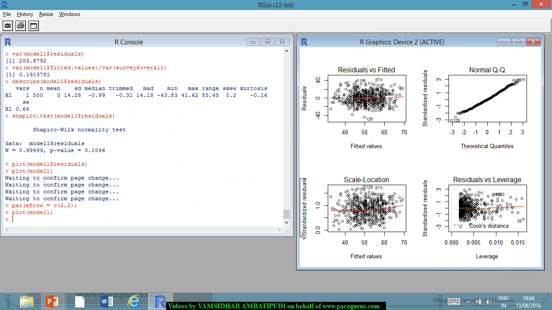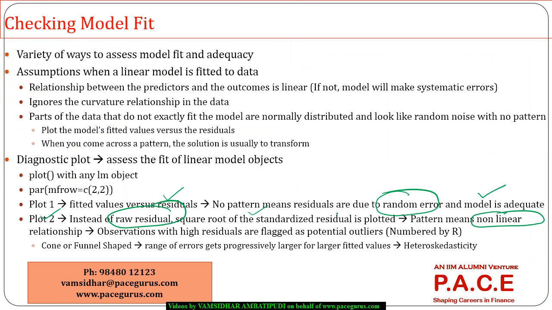So if there is some kind of a pattern that is coming up when I am doing the fitted values versus the square root of the standardized residuals, if some kind of a U-shape or some kind of a wave pattern is appearing, then I can very well say that the data is having some kind of a non-linear relationship and the linear model cannot be used to fit that kind of data.